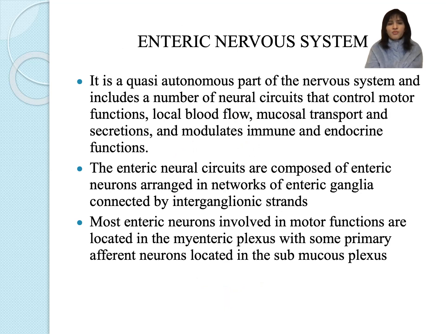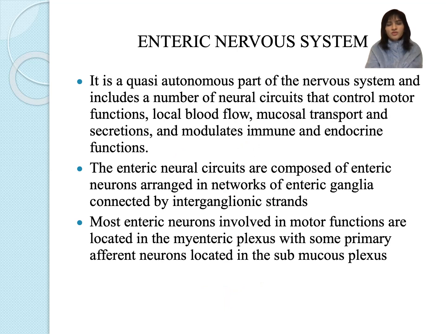And moving on to the enteric nervous system, that is an autonomous part of the nervous system and includes a number of neural circuits that control motor function and local blood flow, and modulates immune and endocrine function.